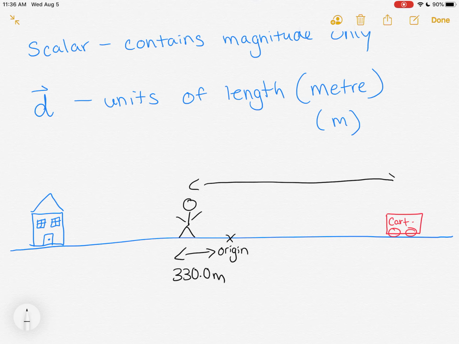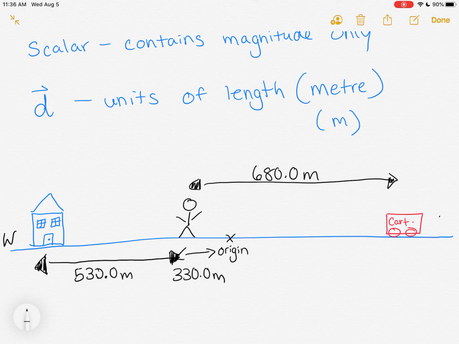The person and our cart are going to be 680 meters from each other. And the house and our person are going to be 530 meters from each other. And we're also going to denote that west is to the left and east is to the right. Okay, so we're just using our compass rose there. Now, again, this is not to scale. Okay, so this is a not to scale diagram.